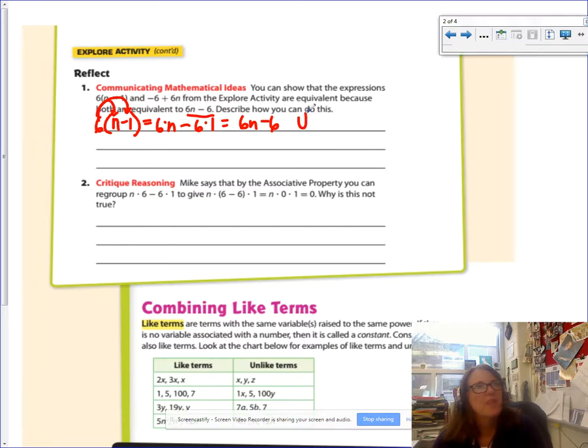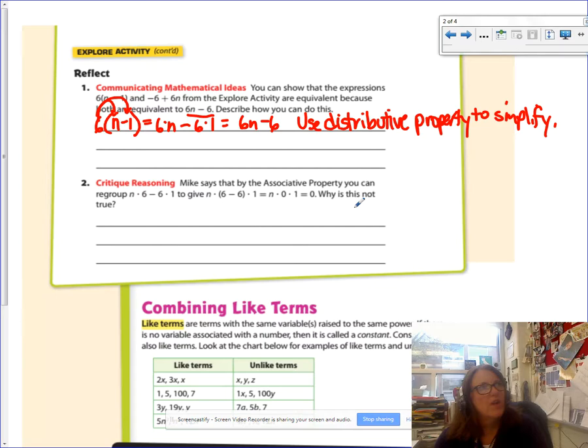So use the distributive property to simplify. Okay, so this is what I end up with, and I wanted to get 6n minus 6, and I got that.